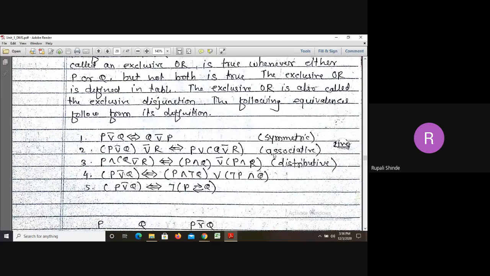That is given by associative property. Next one is distributive. So P and (Q XOR R) is equivalent to (P and Q) XOR (P and R). Just we have applied this AND operation over this bracket.